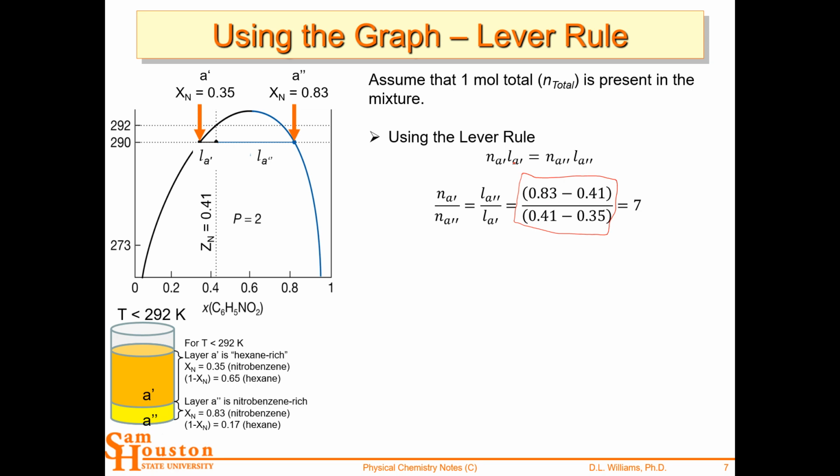So you can calculate those lengths with the three numbers that we have, 0.83, 0.41, and 0.35. When you do those subtractions and then divide, you get 7. That's nice. So that just means that the number of moles of A prime is 7 times the number of moles in A double prime.